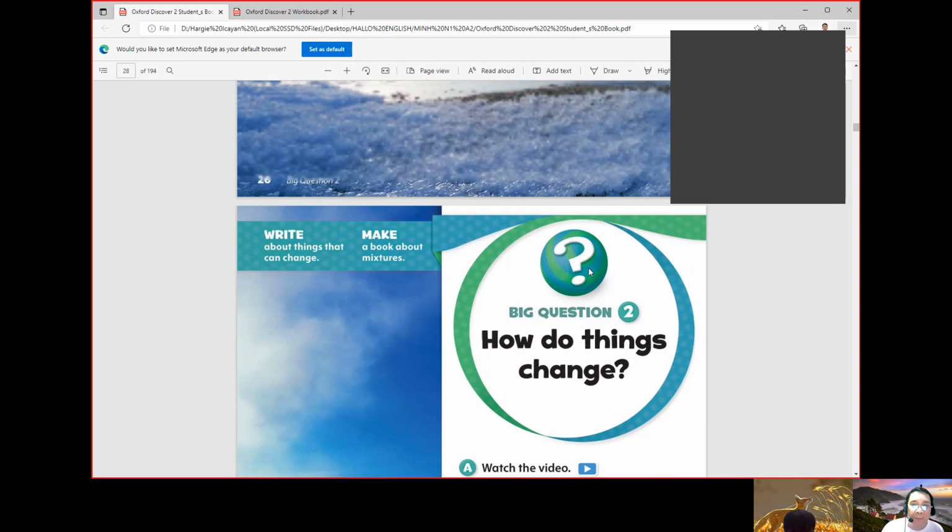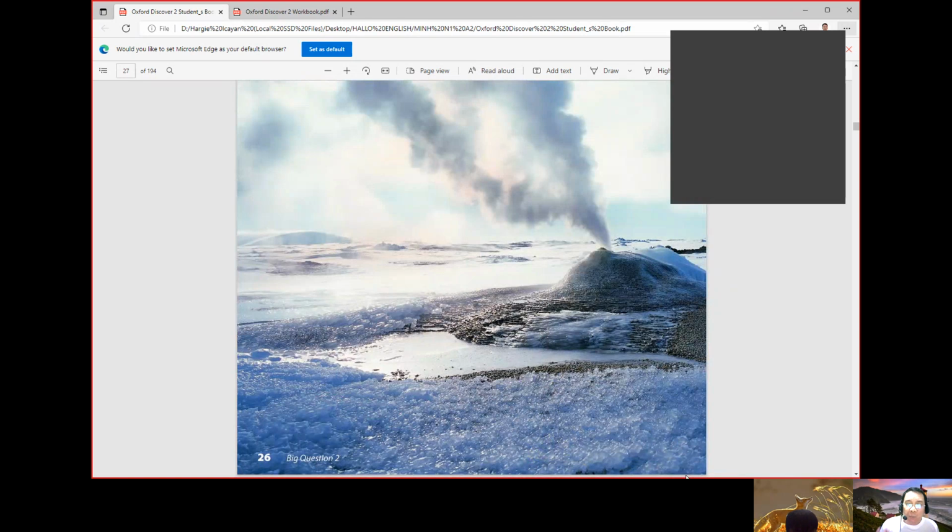Now, based on the picture here, what can we say is a solid? Do we have solid particles or parts of this that are solid? Yes. What is that? Snow. Okay, snow, sometimes becomes solid, right?